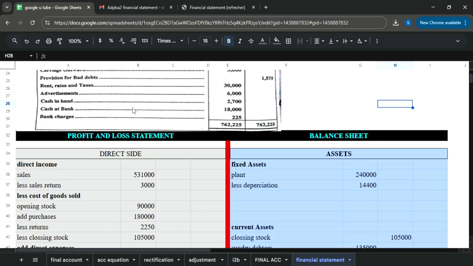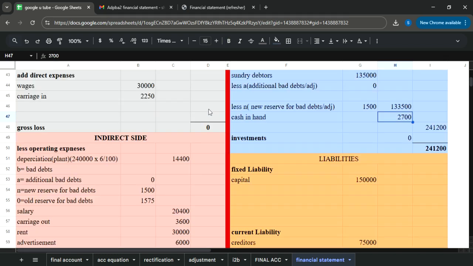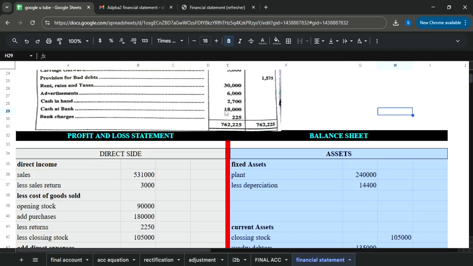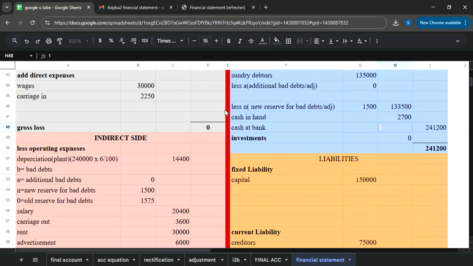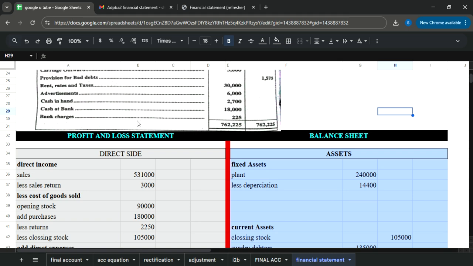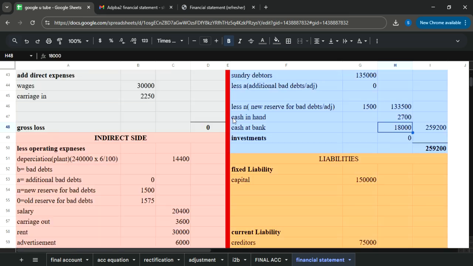After cash in hand, we have cash at bank. Again, this is also part of current asset. Cash at bank is 18,000. Put the amount over here. And then we have bank charges, indirect expense.